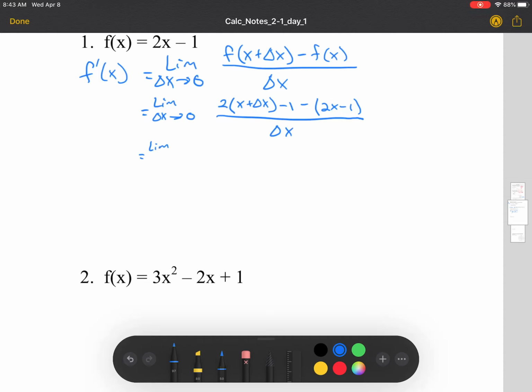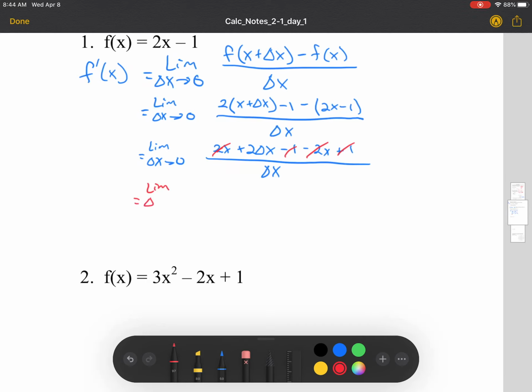Okay, we start canceling stuff out, or actually we're going to expand it before we cancel it. Expand it out, you get 2x plus 2 delta x minus 1 minus 2x plus 1 all over delta x. Okay, so we start canceling this stuff out. That's gone. See ya. Minus 1, plus 1. Just like that.